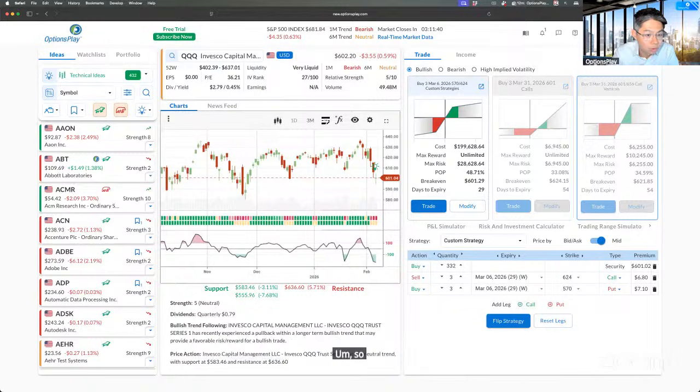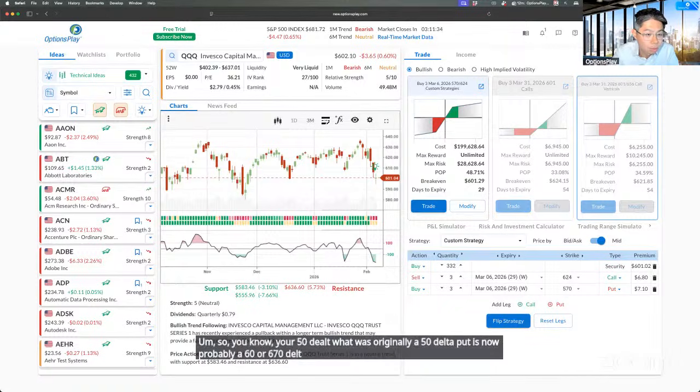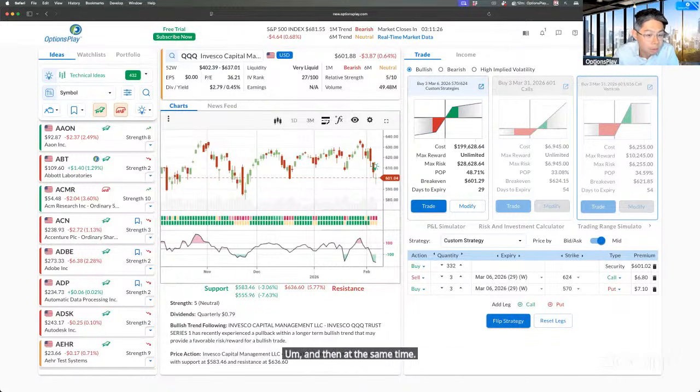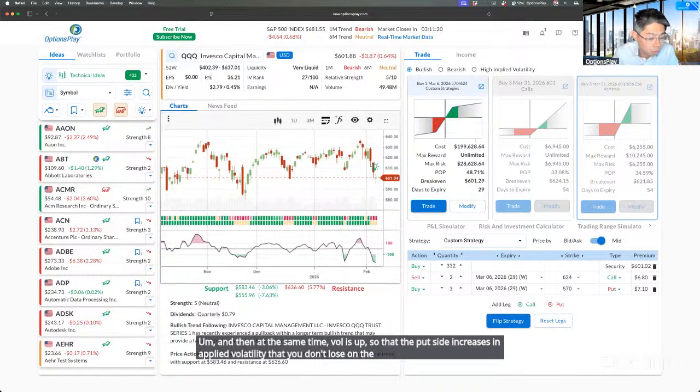So your 50 delta, what was originally a 50 delta put, is now probably a 60 or 70 delta put. So you're actually earning more per dollar on the put side than you're losing per dollar on the stock side. And then at the same time, vol is up so that the put side increases in implied volatility, which you don't lose on the stock side.